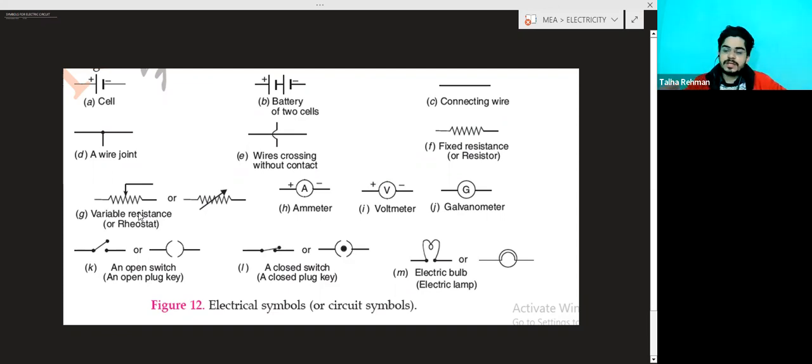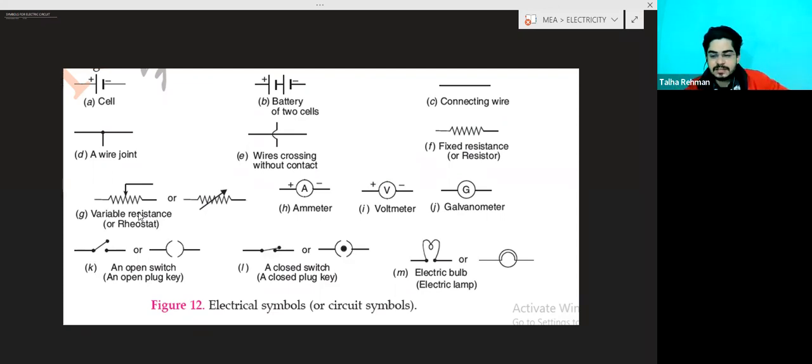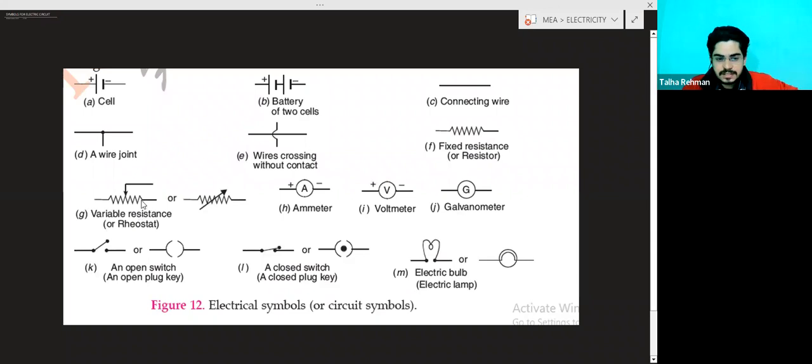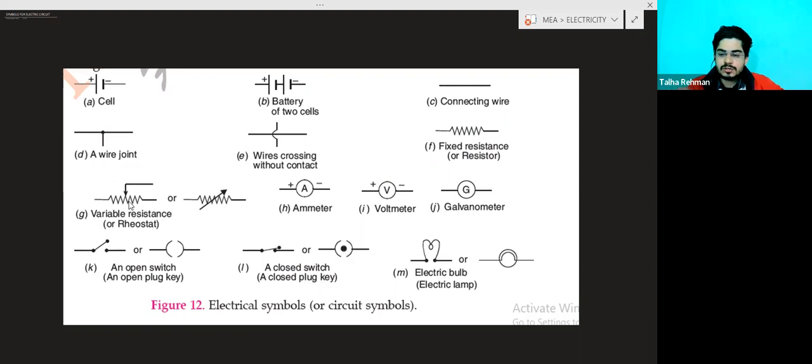I don't know whether you have seen a variable resistance in your lab or not. This is the symbol of variable resistance, or you can represent it like this also. You will understand properly why the symbol is like this when you see the variable resistance. And variable resistance is also known as rheostat.